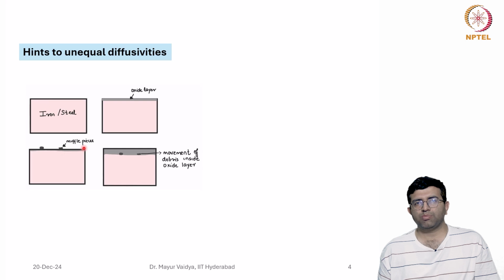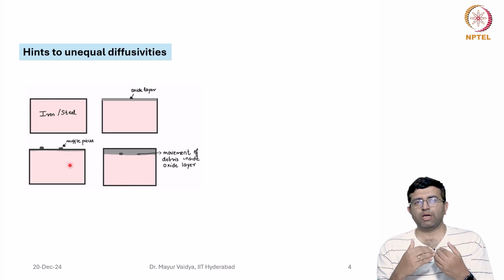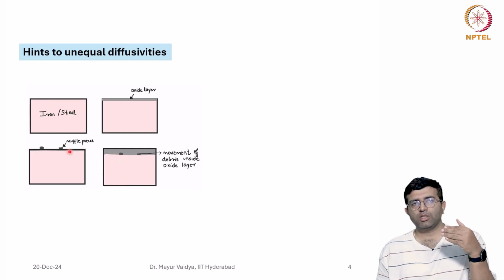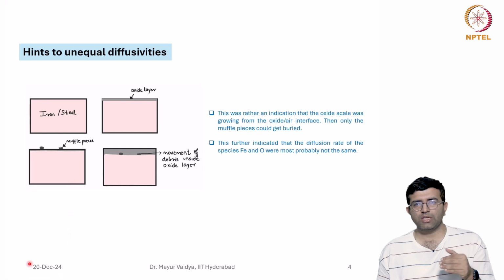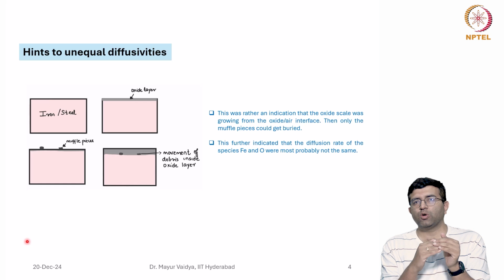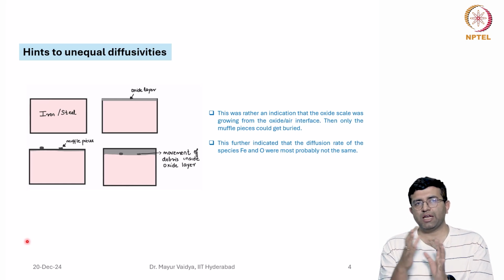What people observed was that over a period of exposure, these pieces get buried under the oxide layer. When will they get buried? Suppose the rate of movement of iron and oxygen were similar across the interface, then they would not get buried actually. So, this indicated that the diffusion rates of the species iron and oxygen are most probably not the same.